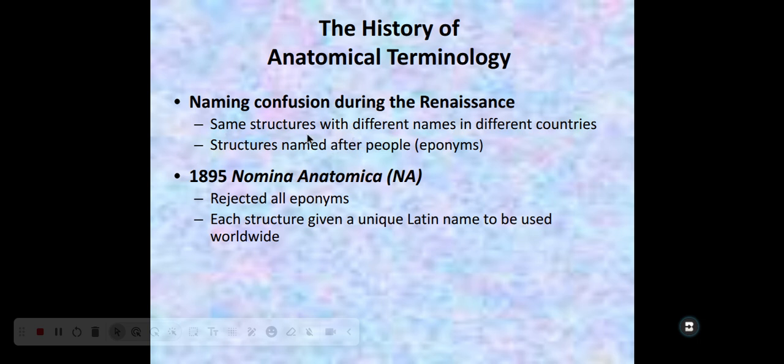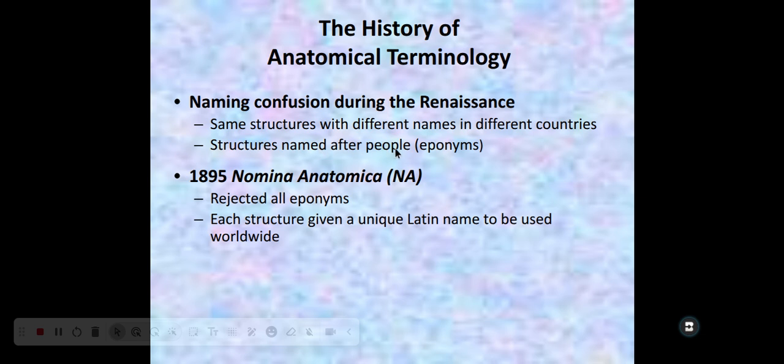So this goes back a little history on why we do things this way. Naming confusion during the Renaissance: same structures with different names in different countries, structures named after people. So if I don't know what you're talking about, then we have a problem. If you're giving me medical records and I don't know what you're saying, then there's a problem.